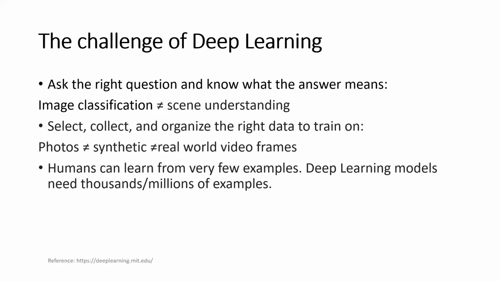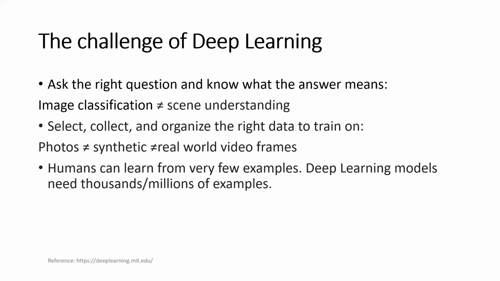For example, if the model is able to do image classification, it doesn't mean that the model is actually doing scene understanding. If the model is able to identify that that is a cup in the house, it doesn't mean that the model knows that that is a house. Those are the challenges faced with deep learning models.